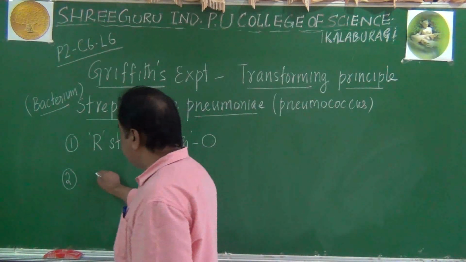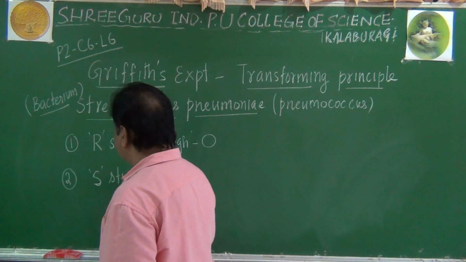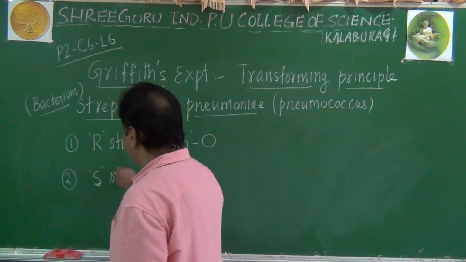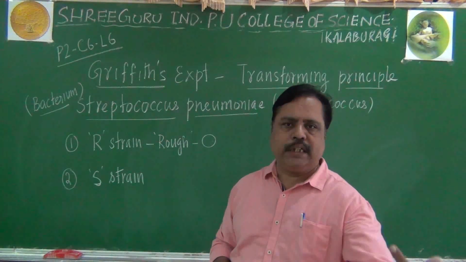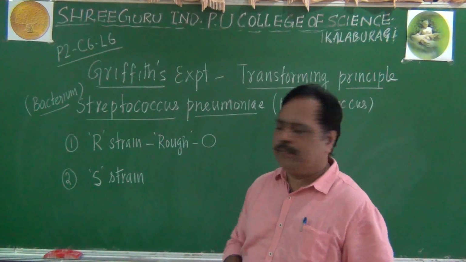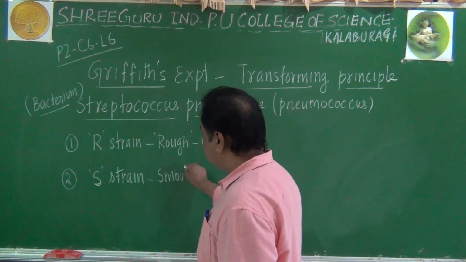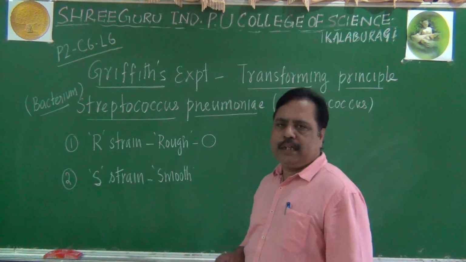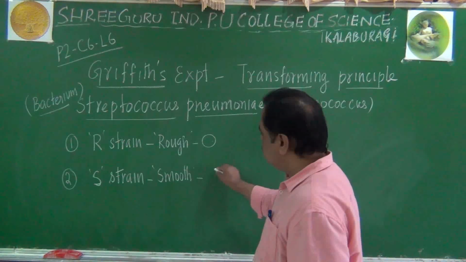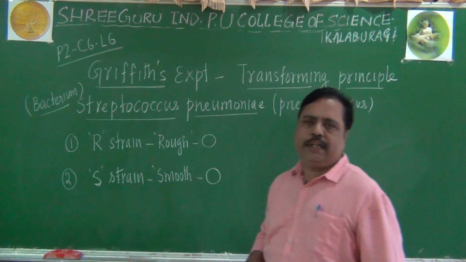The second type of strain observed by Griffith was the S strain. So in pneumococcus, there are two types: one is the S strain, another is the R strain. The S strain is otherwise known as the smooth strain. The smooth strain had a smooth capsule outside it.